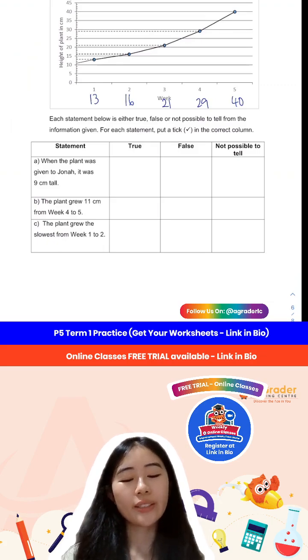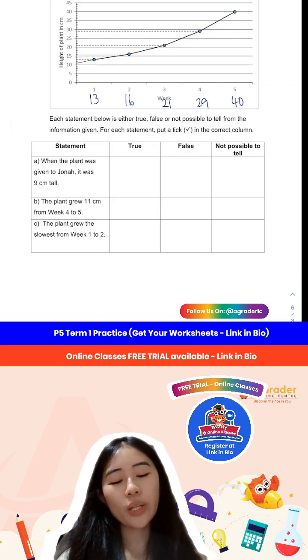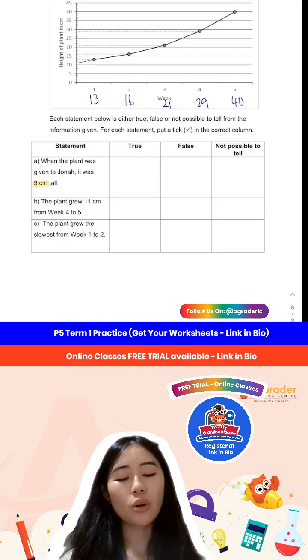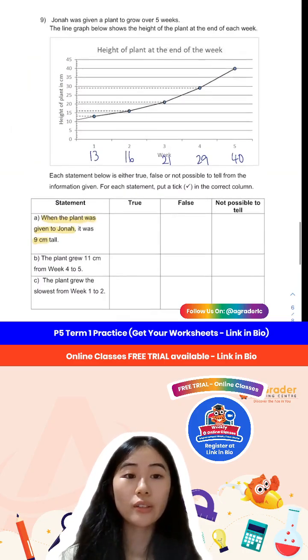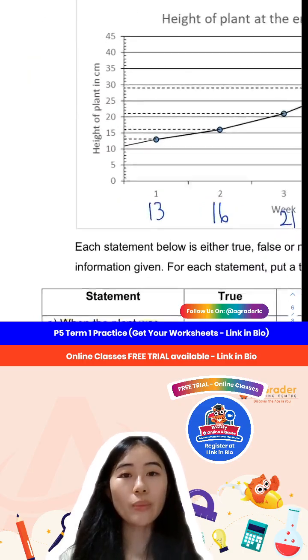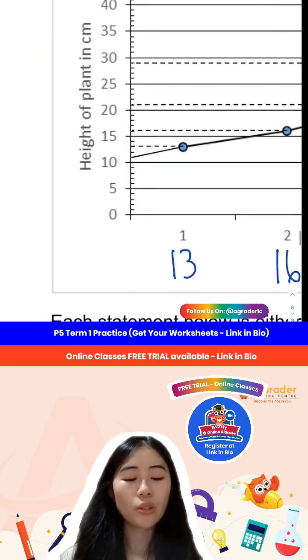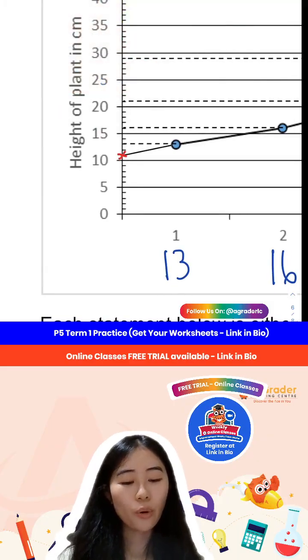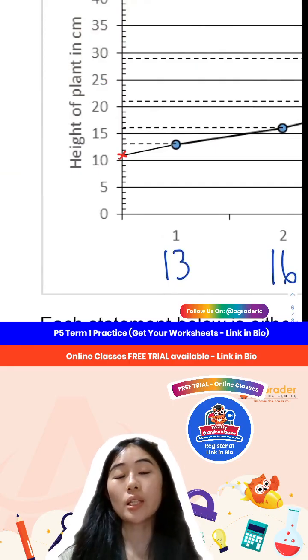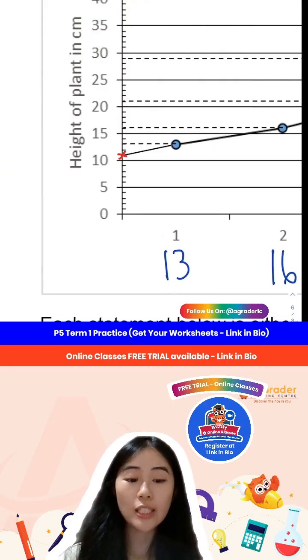Okay, so let's look at the first statement. When the plant was given to Jonah, it was 9 cm tall. What do they mean by when the plant was given to Jonah? It means that you should be looking at the start of the graph. Let me zoom in for you. At the start of the graph, it should be this point over here, the one that I put a small x.